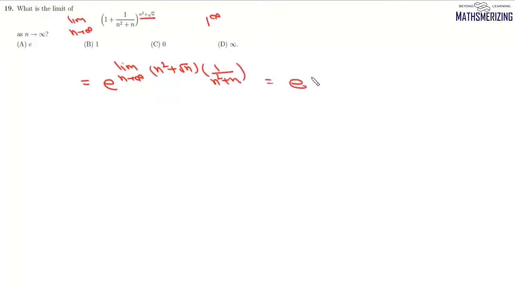So it will be e to the power limit n tends to infinite (n square plus under root n) upon (n square plus n). Now since it is an infinite limit, we look at the highest power of n. The coefficient of the highest power of n in the numerator is 1 and in the denominator is also 1. So it will be nothing but e to the power 1, that is e, and that's your option A.